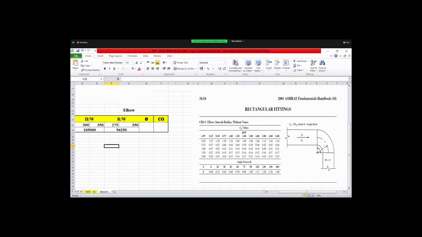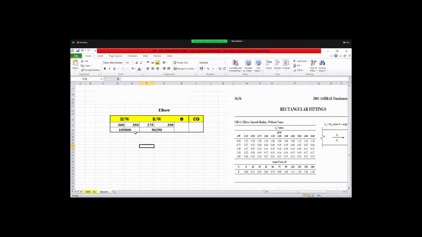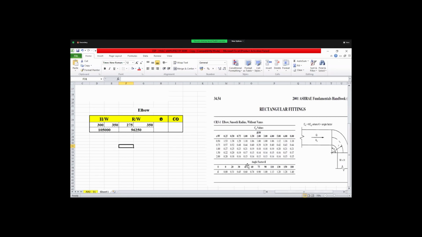So what will we get? H by W, R by W. There is a factor R by W here, 1 by 4, 96250. In elbow, if it is 90 degree, no, so we have to go with 0. It's showing 0 here if it's a 90 degree.